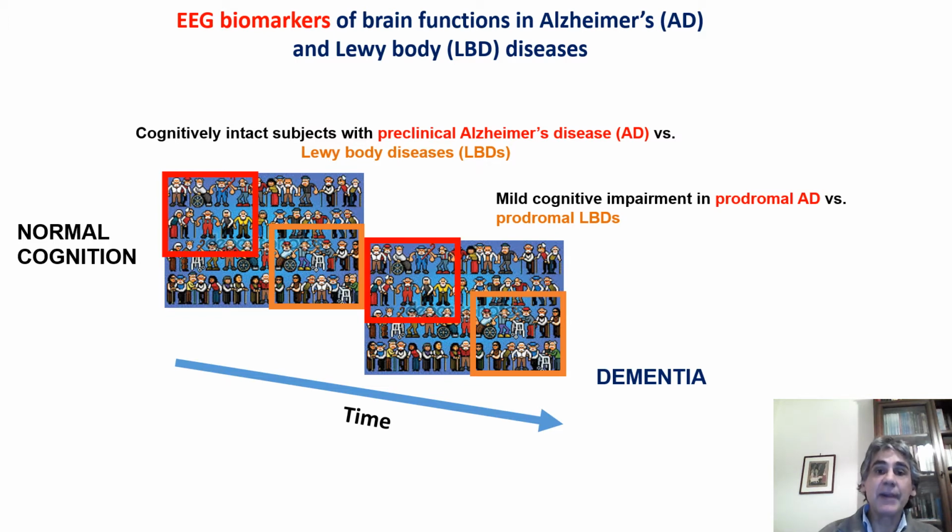Ideally, EEG biomarkers of brain functions could detect patients with Alzheimer's disease and Lewy body diseases from preclinical stages without cognitive symptoms or clinical manifestations of dementia.